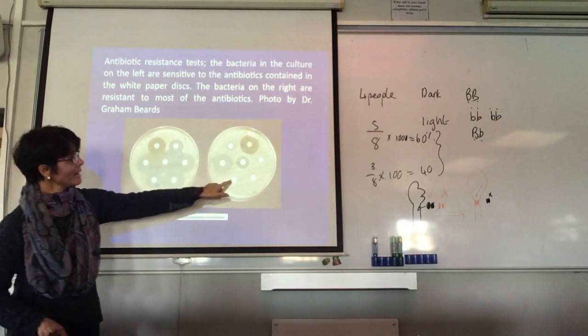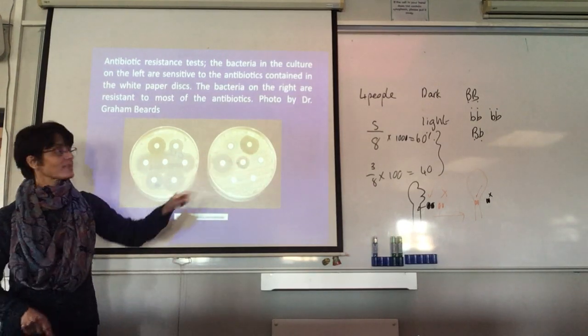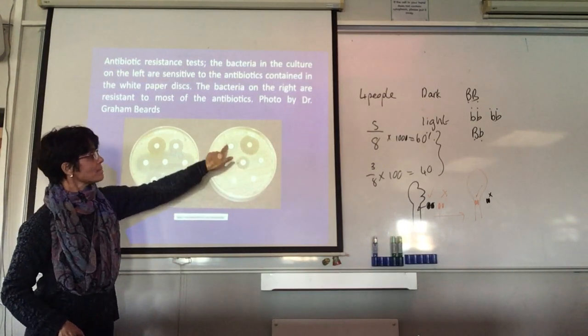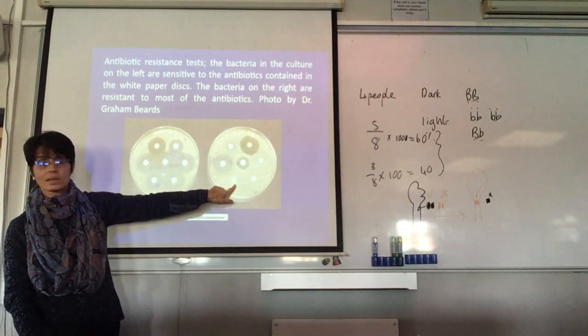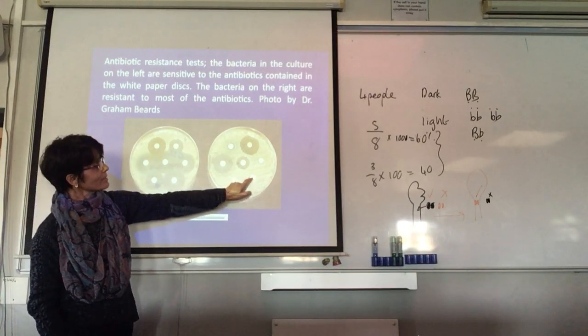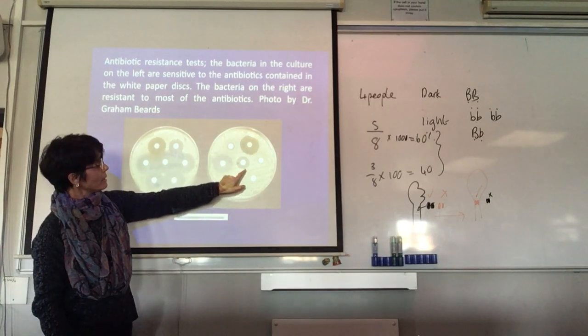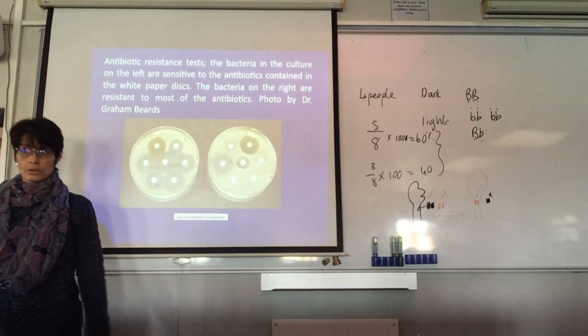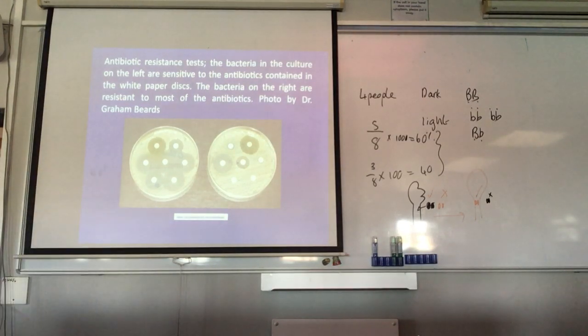But here, only 3 antibiotics on the discs have killed bacteria around the discs, and this one, look there, is totally resistant. No bacteria have been killed by that antibiotic in the disc. Some have been killed, and very few have been killed. So they did bring that in. I really can't remember which paper it was in which year.